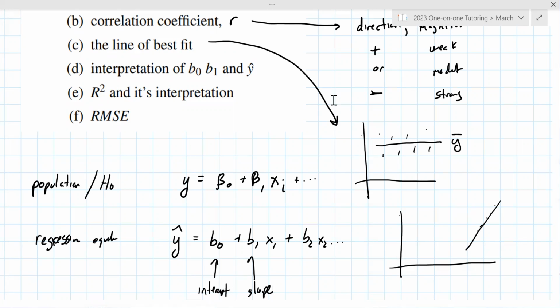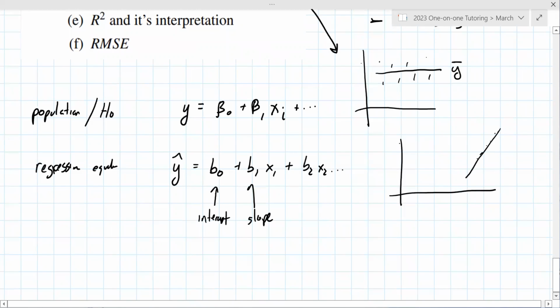And then R squared is the percent of Y predicted by, explained by the X. Yes, explained by X. And so from R to R squared, how does that make it that different?